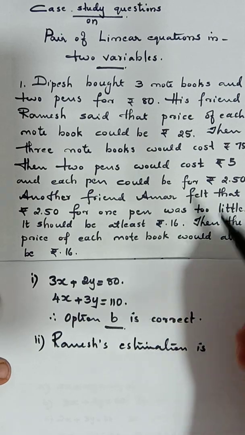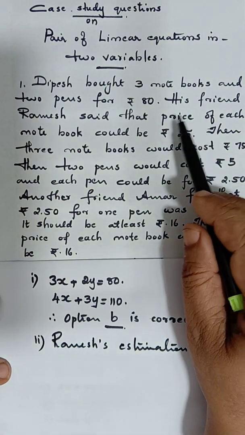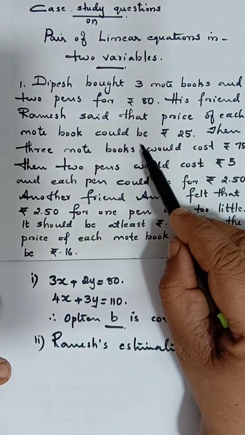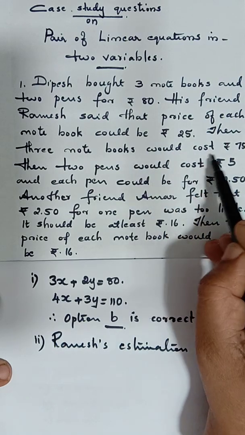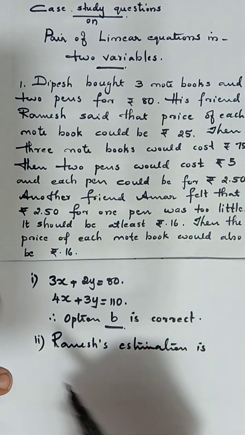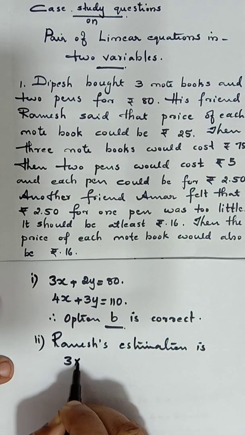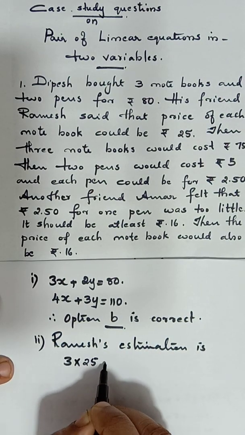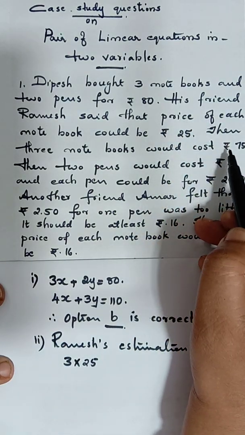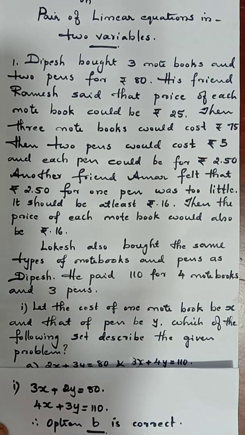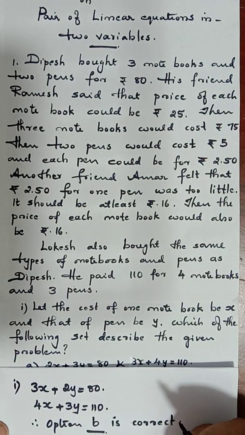Here he has said the price of each notebook could be 25. So 3 notebooks could cost rupees 75. That means 3 notebooks cost 3 into 25. Okay, this is how we understand.